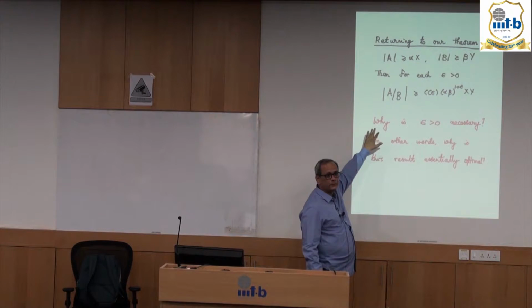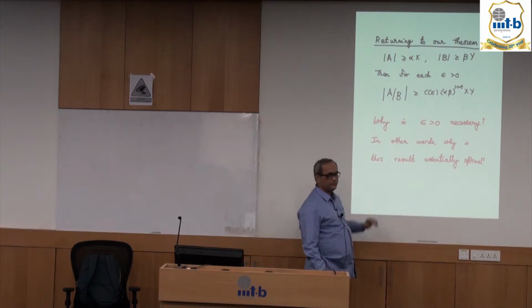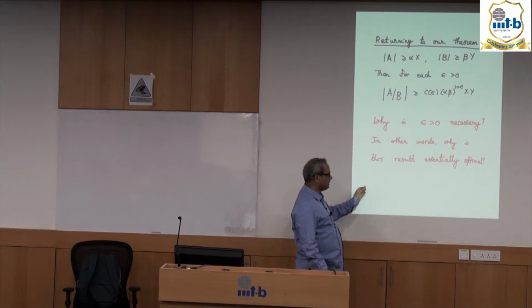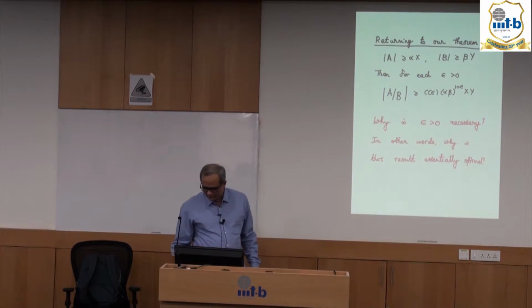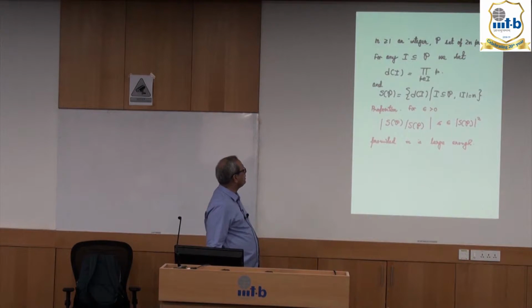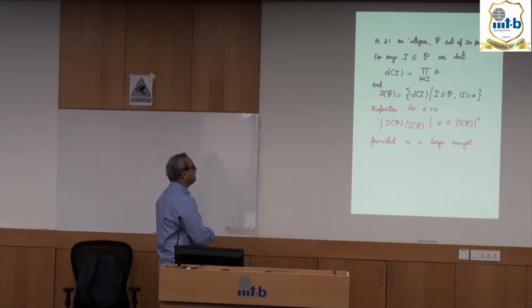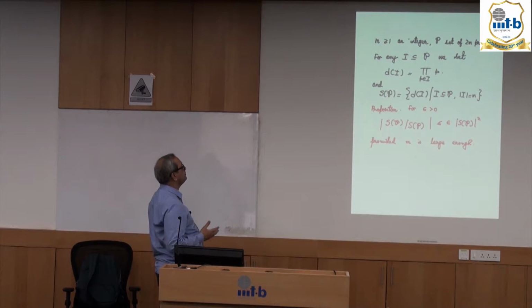Now, returning to the theorem, why is this epsilon greater than 0 necessary? Why is this theorem optimal? Can't you remove the epsilon from the picture? Here is a simple example which will tell you that in fact this epsilon is necessary. Take any integer m and take P to be a set of any 2m primes.